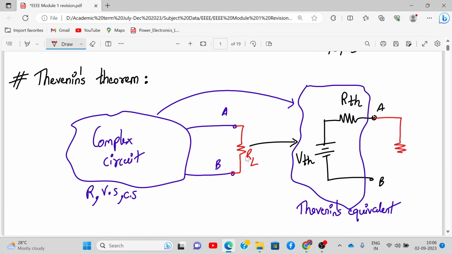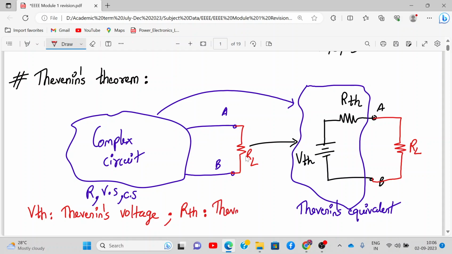Here also RL. Is this clear now? Here VTH is called Thevenin's voltage, and RTH is called Thevenin's resistance.